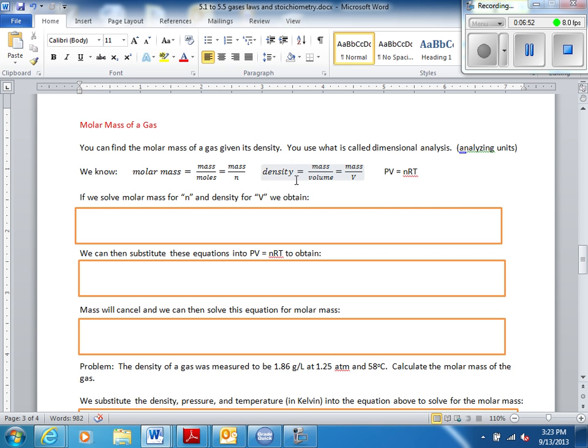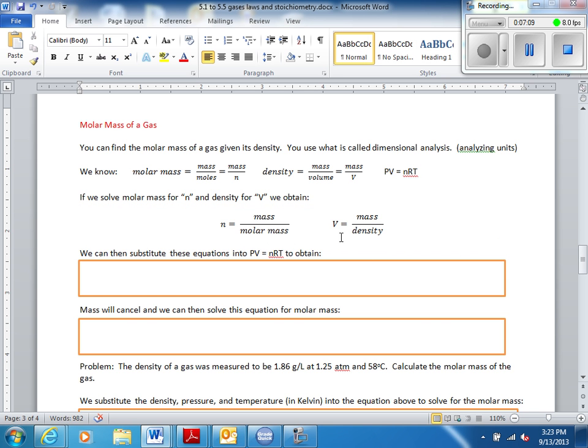If we isolate moles in this equation, right here, and we isolate V in this equation, we can obtain, I want you to go ahead and do that on your own. Isolate n in this equation, isolate V in that equation, and here's your solution. You should have paused.